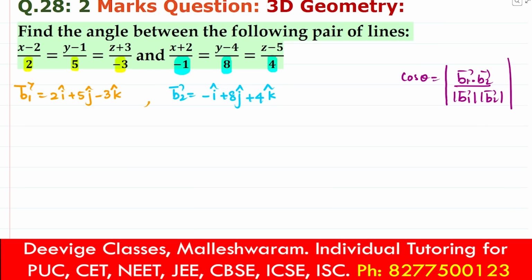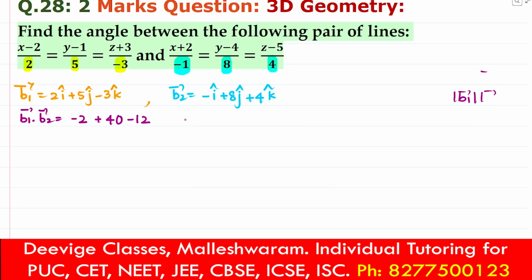First we have to find b1 dot b2. b1 dot b2 is equal to 2 into minus 1 is minus 2, plus 5 into 8 is 40, plus minus 3 into 4 is minus 12, which equals 26.